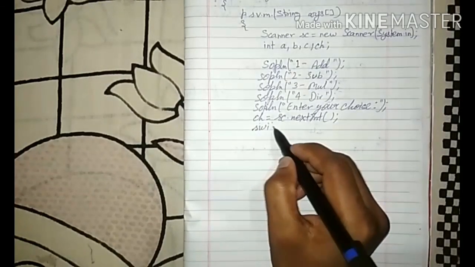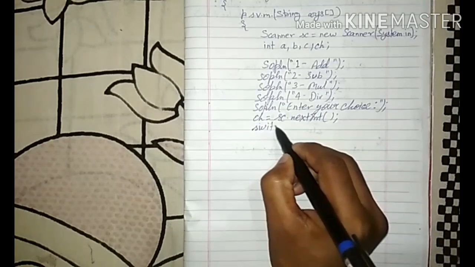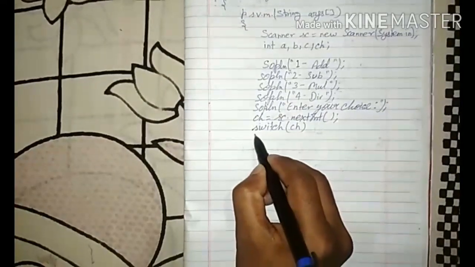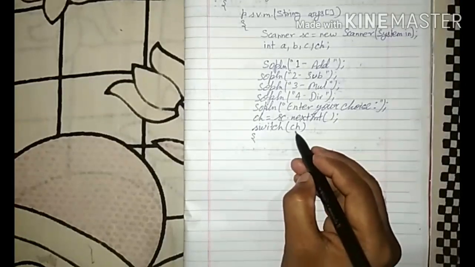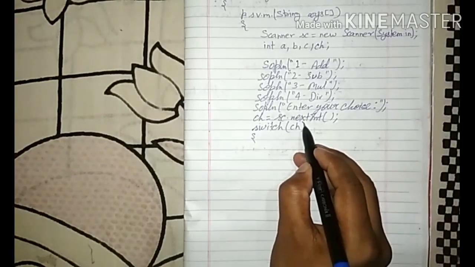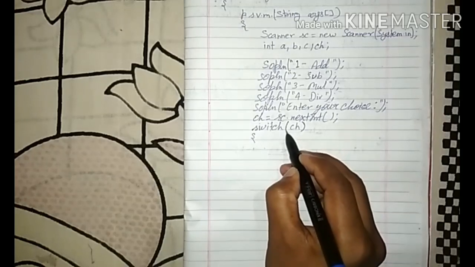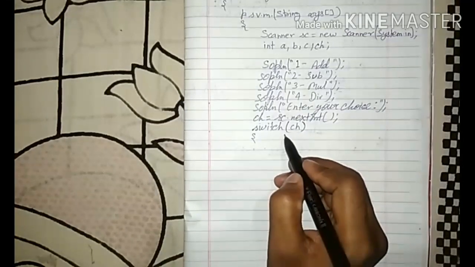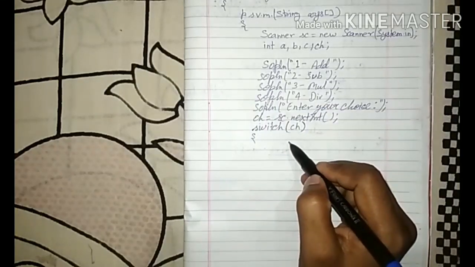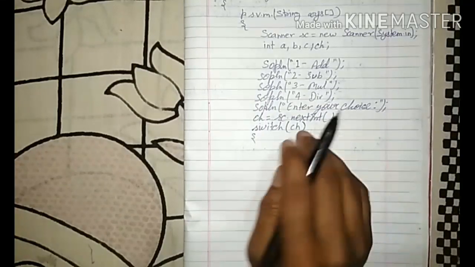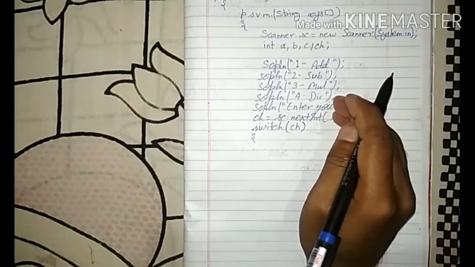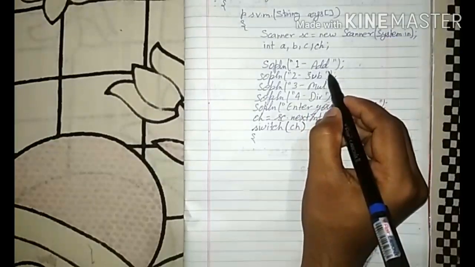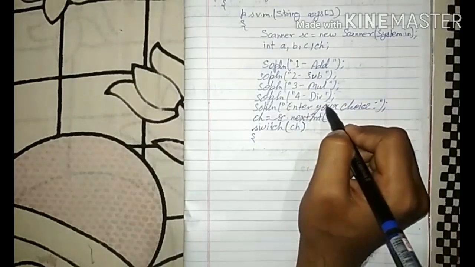Switch, and in this switch parenthesis we can pass our ch variable. This switch will decide which option we have to execute, means 1 for addition, or subtraction, or multiplication, or division.